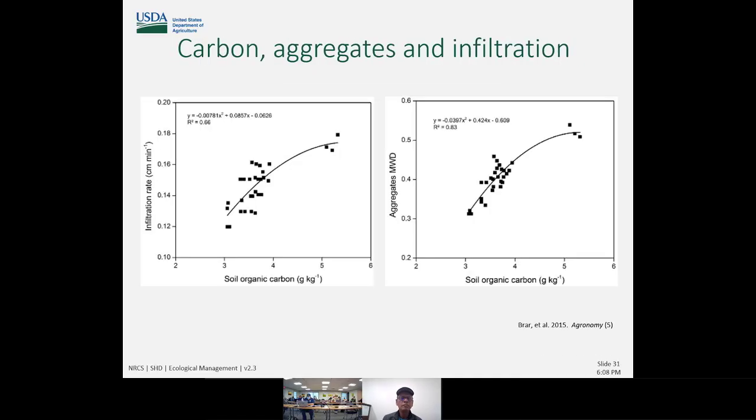Another, here you can see the carbon, aggregates and infiltration. If you have more soil organic carbon, infiltration is higher, and also aggregates will be higher.